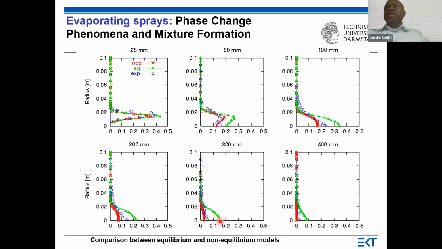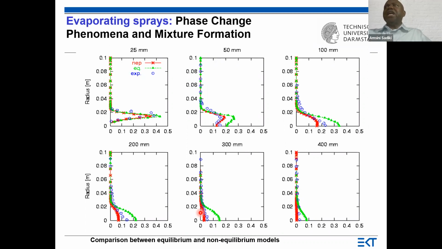The reason is that this spray gives rise to very, very small droplets, so that we have non-equilibrium processes within the droplets, so that the Clausius-Clapeyron equation could not be valid.